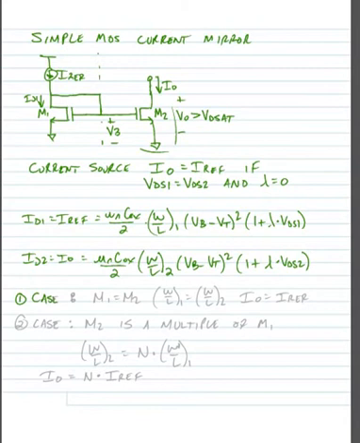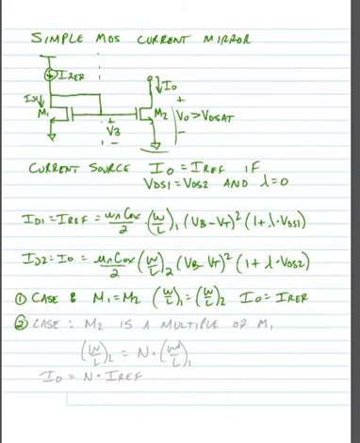So for case 1, we would have that M1 is equal to M2. In other words, W over L1 is equal to W over L2. These are called matched transistors, and our output current is equal to the reference current.